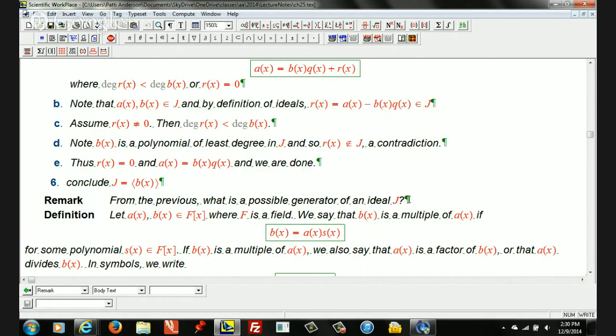Because if you take two polynomials and multiply them together, if you divide one of them by its leading coefficient, then you just have to multiply that into the second polynomial so that you have the same answer when you're done multiplying. So you can change your leading coefficients.